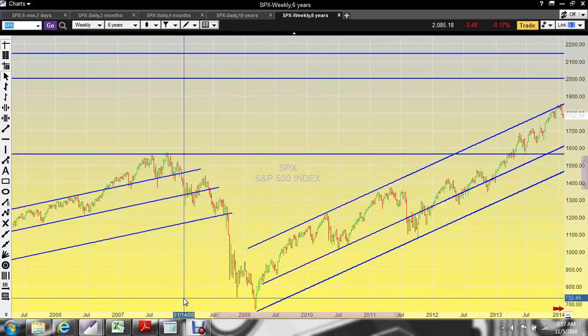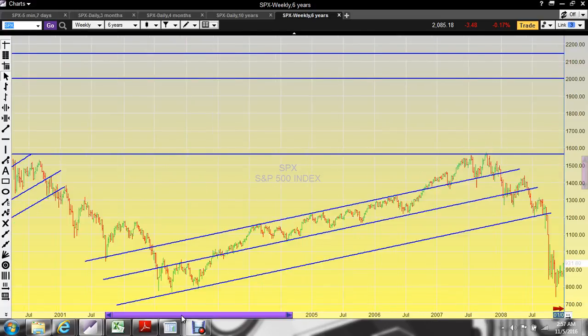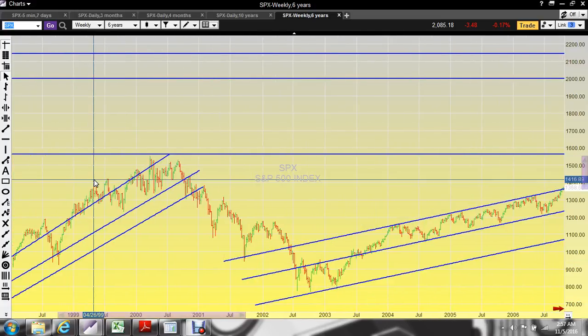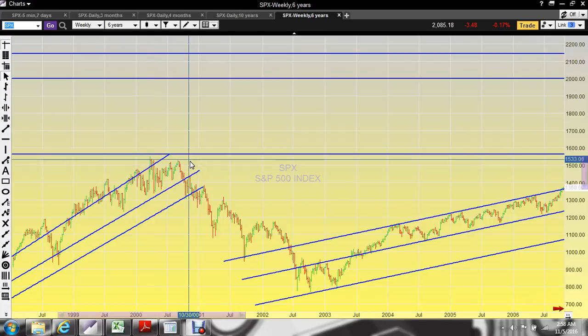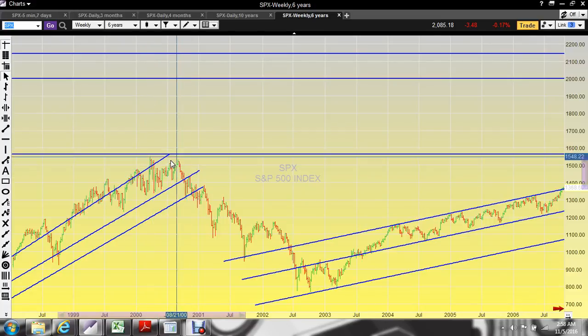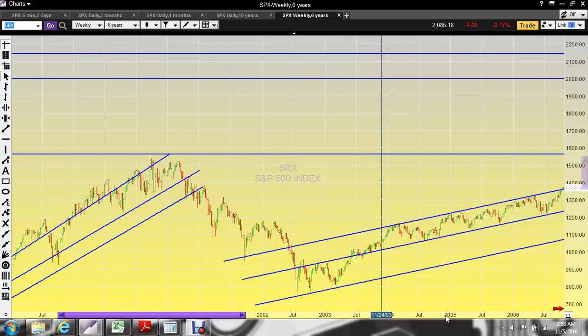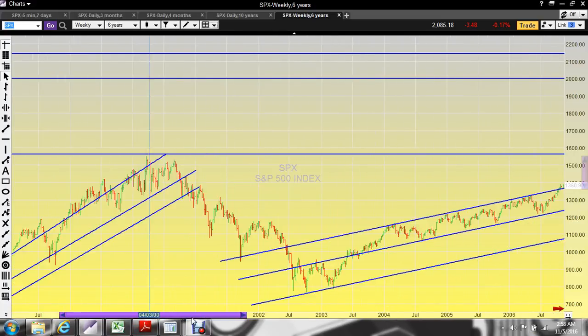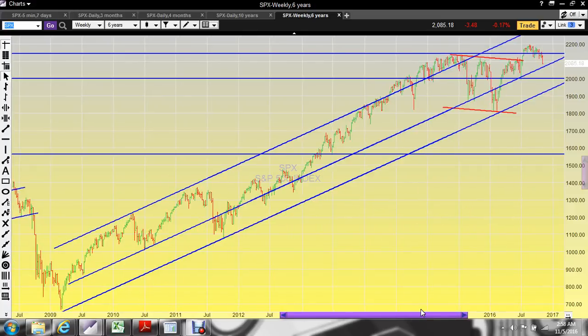It gets up there, it rebounds, but it doesn't make it back to that trend line, and then it falls off. And if this chart went back farther, we'd see the same type of pattern over and over and over again.